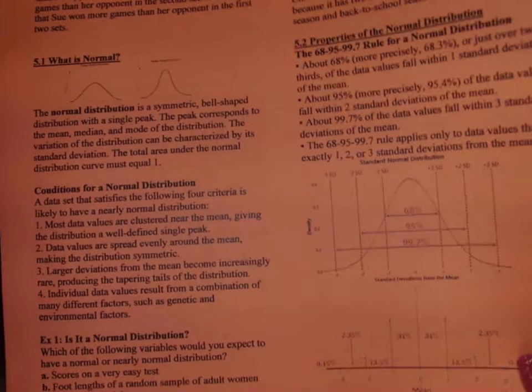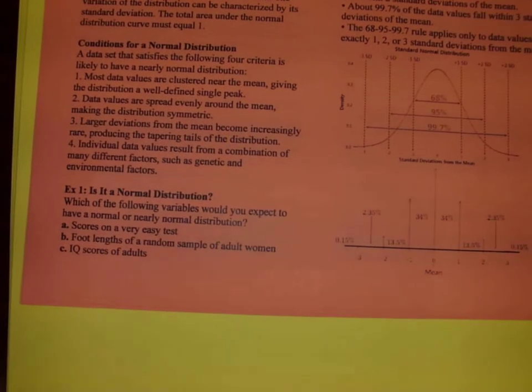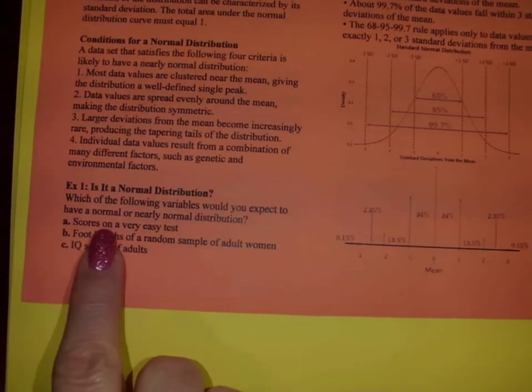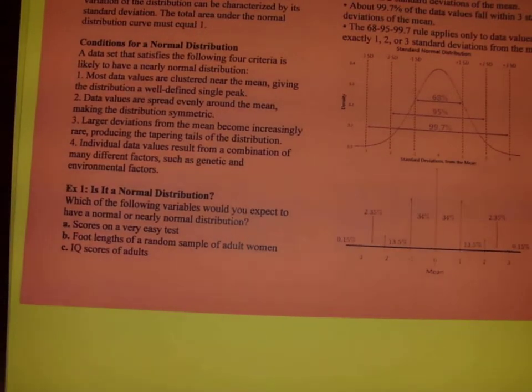All right, so is it a normal distribution? Which of the following variables would you expect to have a normal or clearly normal distribution? Scores on a very easy test. Do we think that that would be a normal distribution or nearly normal?